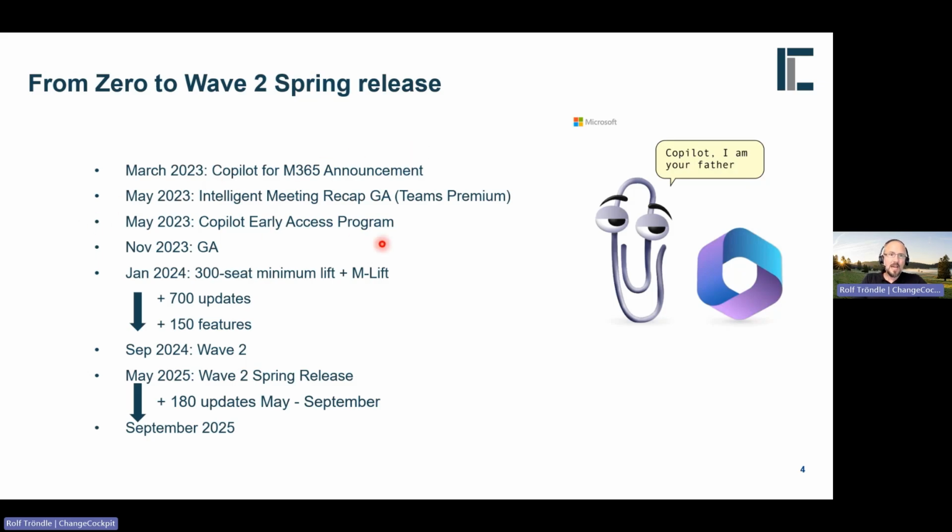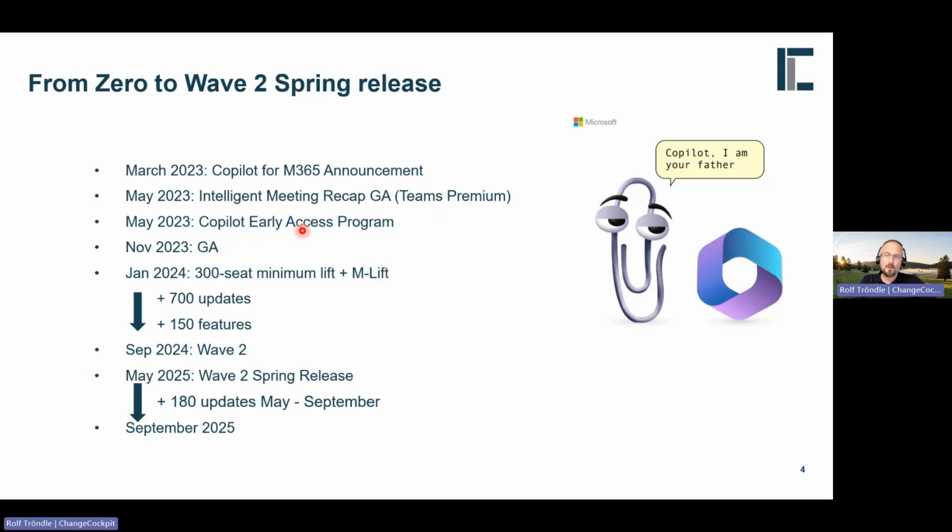Then at the same time, they launched a Copilot Early Access program to customers who signed up for it or who were allowed to go into this Early Access program. And then later in November, they reached GA, so generally available.